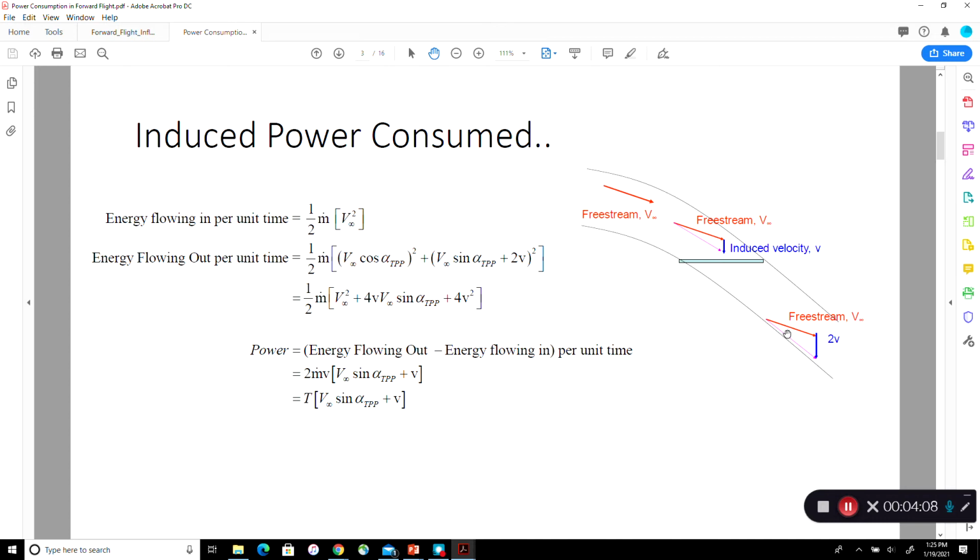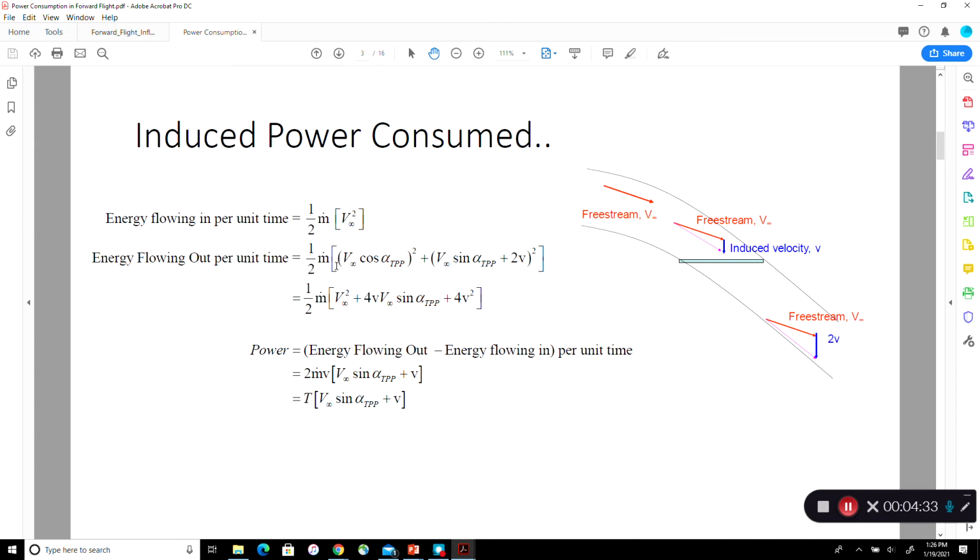By the time you reach here, this orange line has elongated to become the pink line. It has a horizontal component V infinity cosine alpha tip path plane that does not change. The vertical component, V infinity times sine alpha tip path plane, did not change either. What has changed is that we have added this extra induced velocity, which was not present up here.